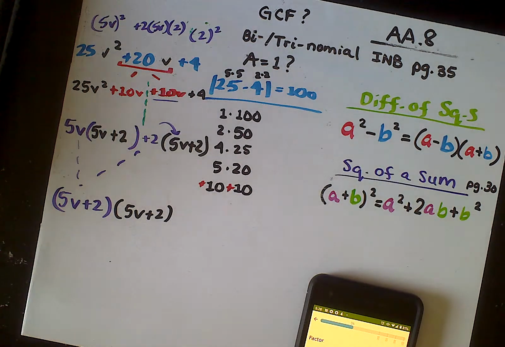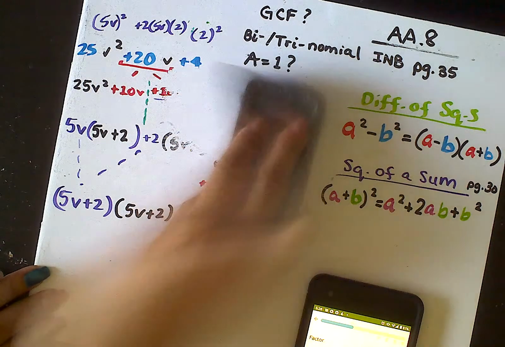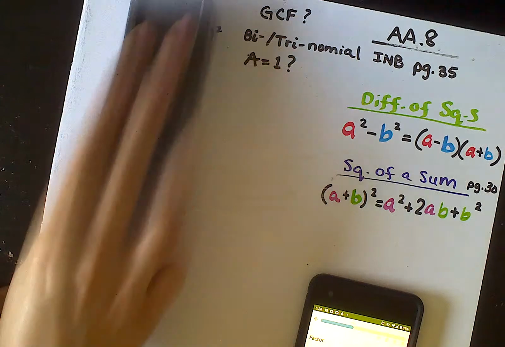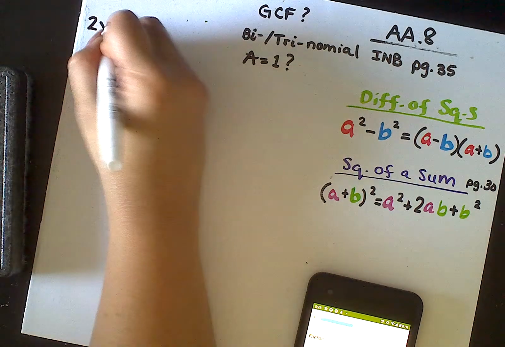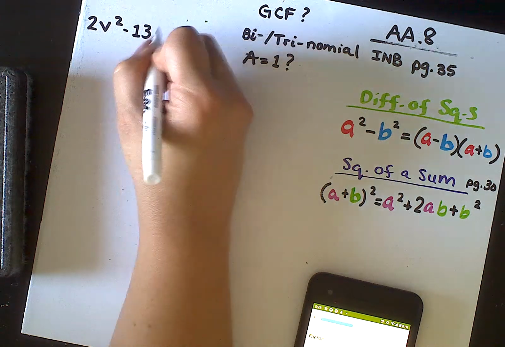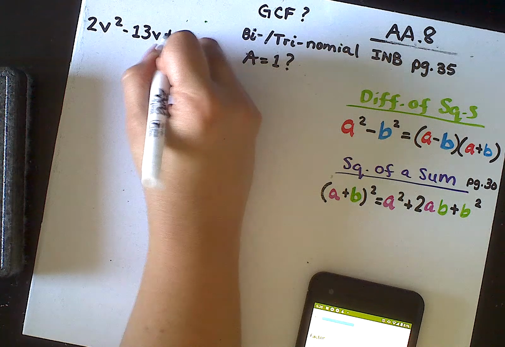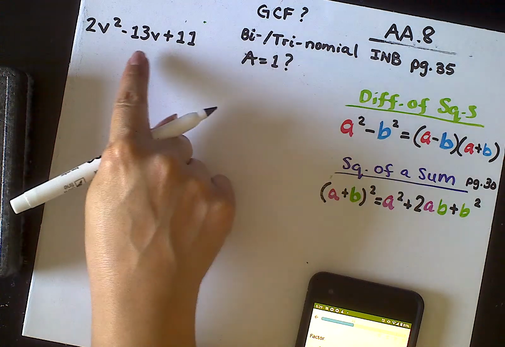Now, in this case, I'm double checking. This one we don't have perfect squares. So I should have done, this is a true factor by grouping. 2v squared minus 13v plus 11. Okay, so that's because I got some prime numbers in here.